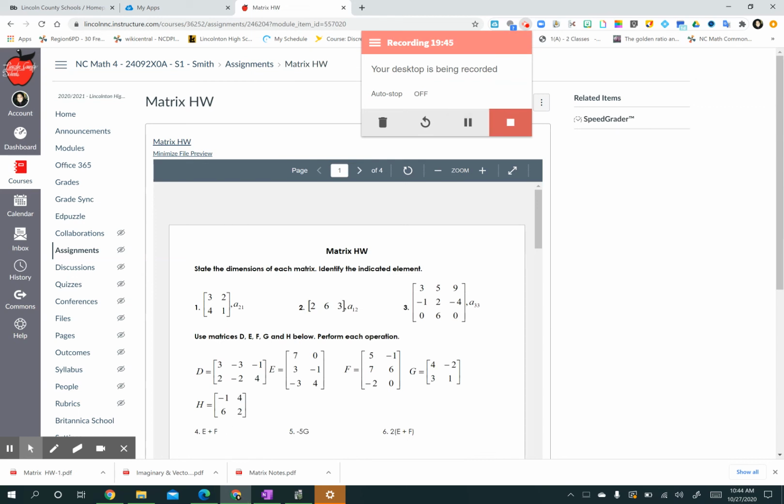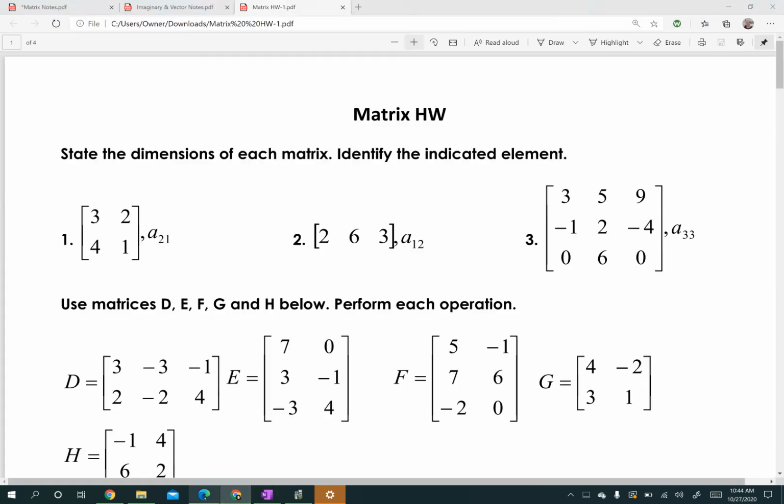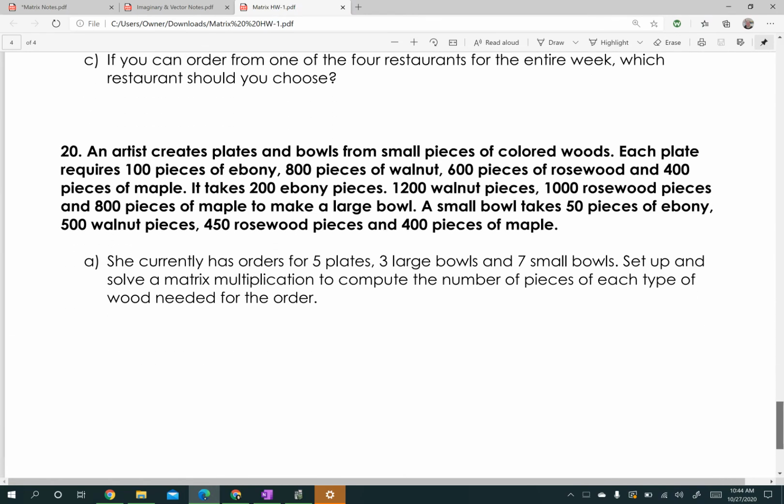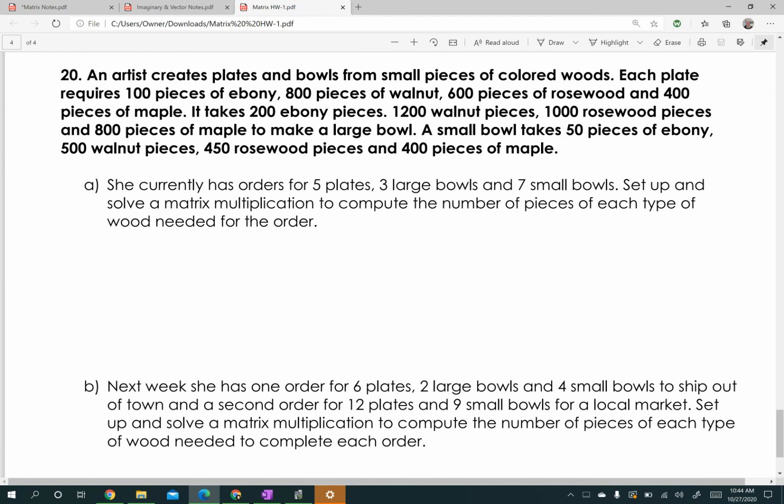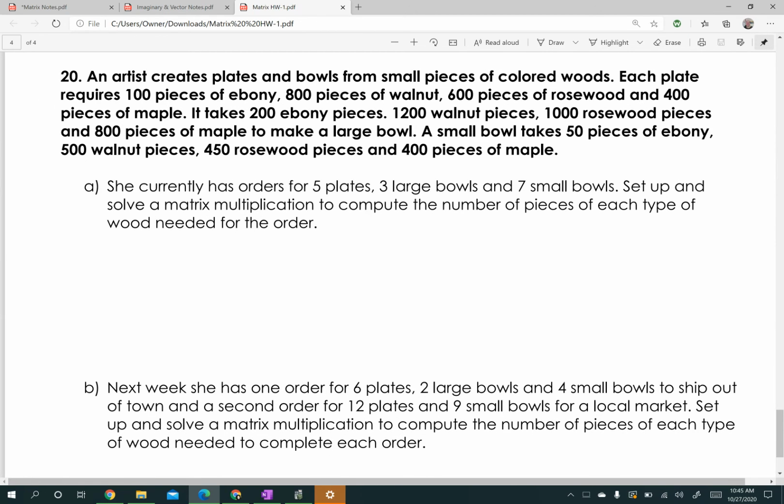All right, I want to do one problem from your homework. So if you will look at problem number 20 from your homework. It says an artist creates plates and bowls from small pieces of colored wood. So you need to set up a matrix, and when you set up a matrix, you label what you know.